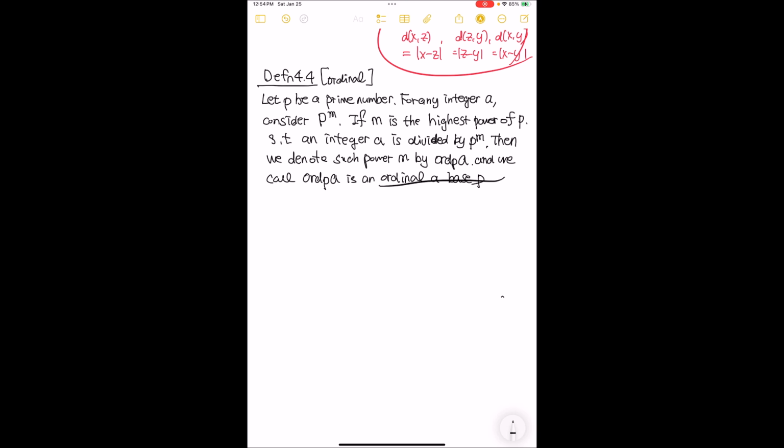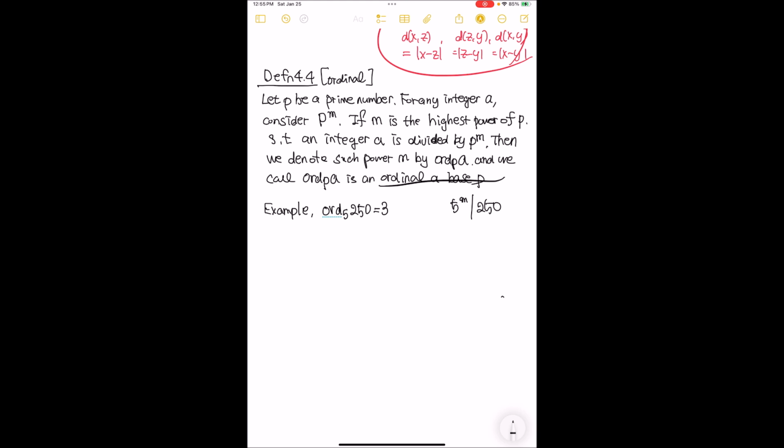So for example, when we compute the ordinal of 250 with base the prime number 5, it is 3. We can find the maximal number m such that 5^m divides 250.